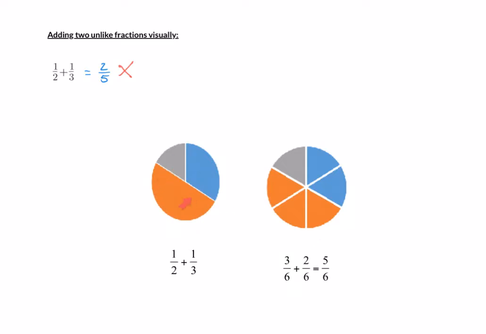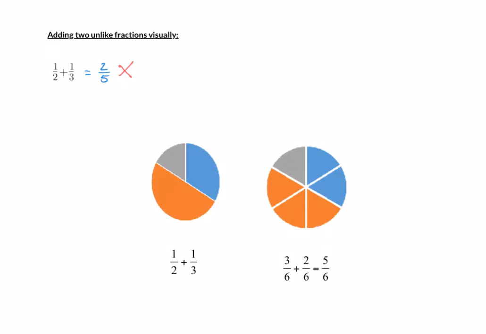So what is this all equal to if I add the orange and the blue? Well, we need to divide this into equal pieces. And so if we look at the second circle, this has been divided into equal pieces now. And so what do we have here? We have 1, 2, 3, 4, 5 out of a total of 6.